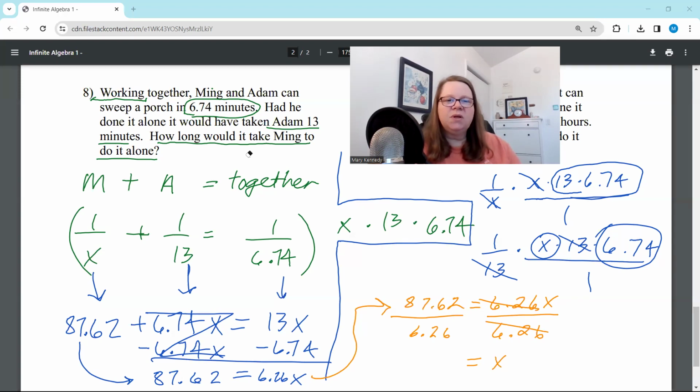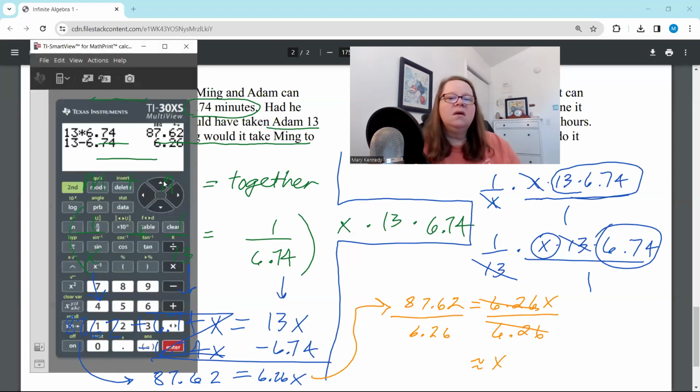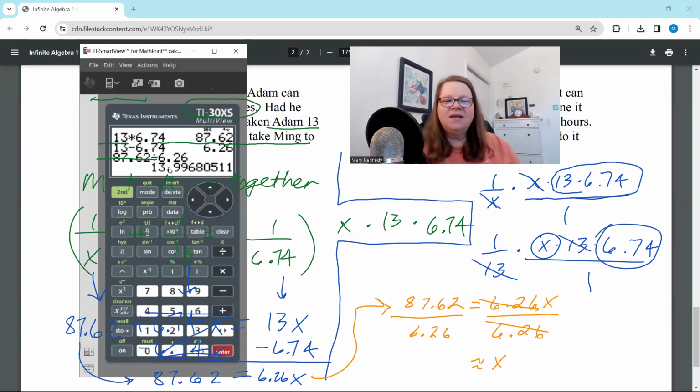I shouldn't even put equals, I need to put approximate, because with these decimals I'm probably going to be doing some rounding. So let's go back to the calculator and take 87.62 divided by 6.26. And we get 13.9968, and so on.